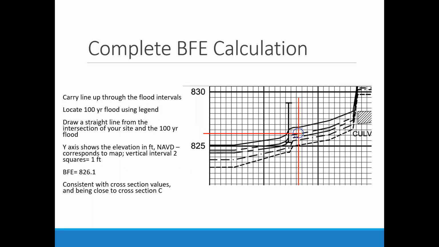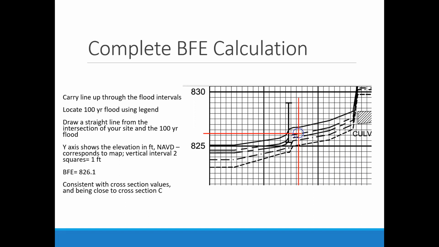So I'm going to call it 826.1, which is the exact same base flood elevation that I have for my upstream cross section. But it makes sense that there's not going to be that much change if I'm only 20 feet downstream from it, and I'm quite a bit more distance from the downstream cross section. So I'm going to go with that.